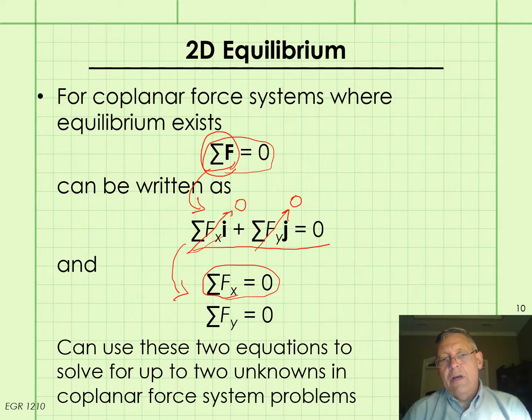And the sum of the magnitudes of the forces in the y direction is equal to zero. Now we'll be using these two equations to solve for up to two unknowns in the coplanar force system problems that we'll be doing.